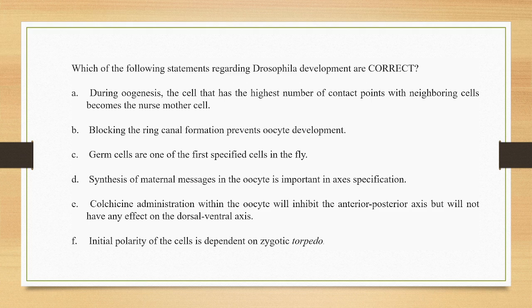C. Germ cells are one of the first specified cells in the fly. D. Synthesis of maternal messages in the oocyte is important in axis specification. E. Colchicine treatment within the oocyte will inhibit the anterior-posterior axis but will not have any effect on the dorsal-ventral axis. And finally, F. Initial polarity of the cells is dependent on zygotic torpedo.